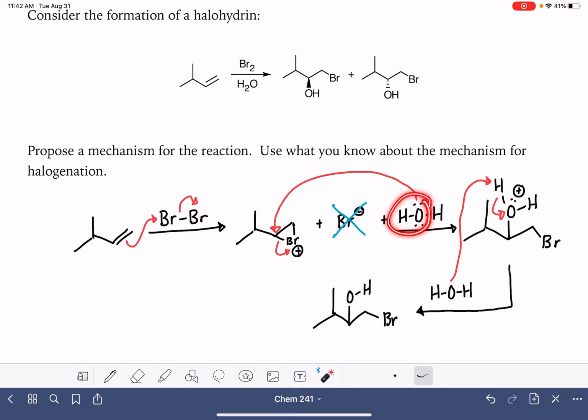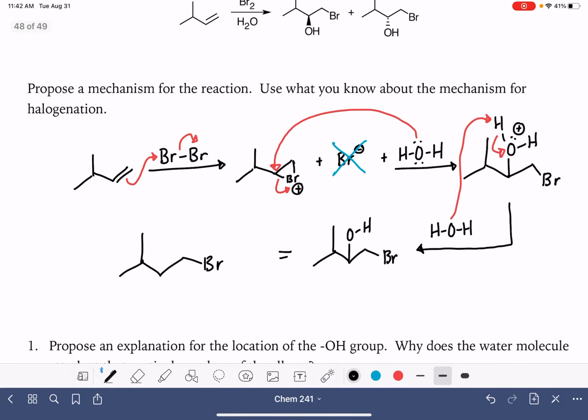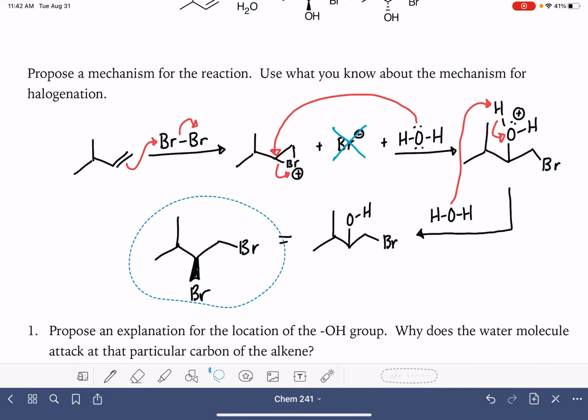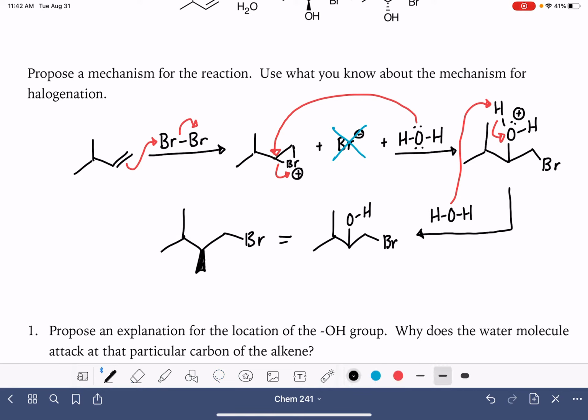When the water molecule attacks, because it has the option to attack from either position, we want to draw this as either one of the possible enantiomers. So now I'm going to position that wedge bond in a more normal place. So there's one possible product, and here is the other.